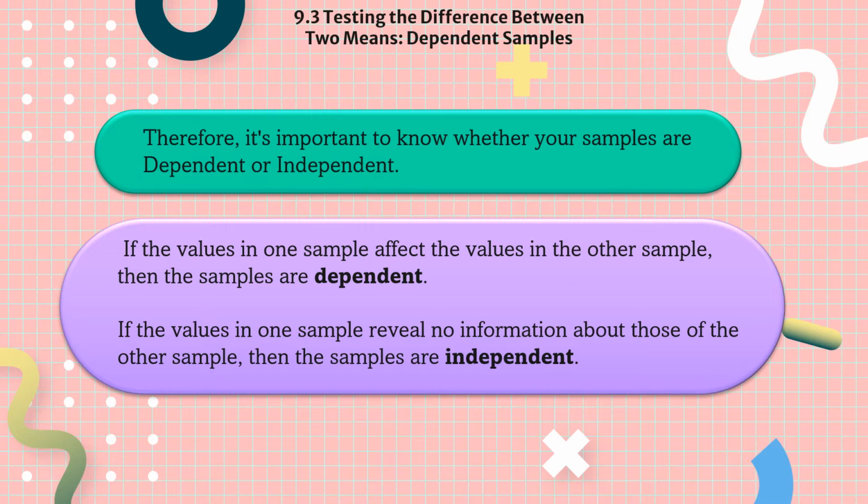It is important to know whether your samples are dependent or independent. If the values in one sample affect the values in the other sample, then the samples are dependent. If the values in one sample reveal no information about those of the other sample, then the samples are independent.